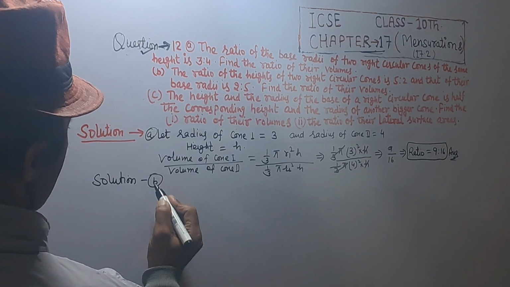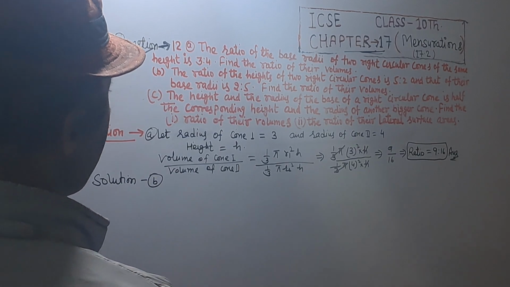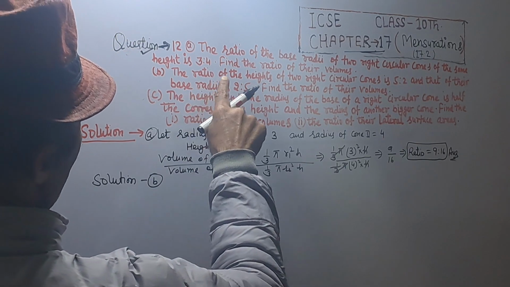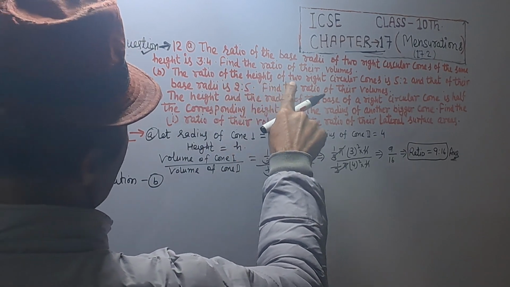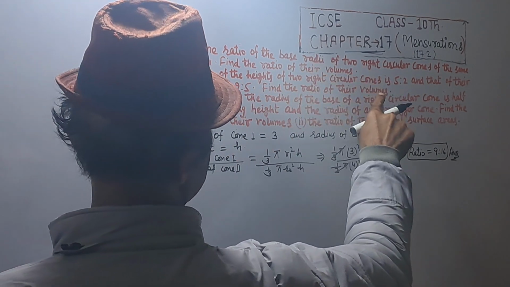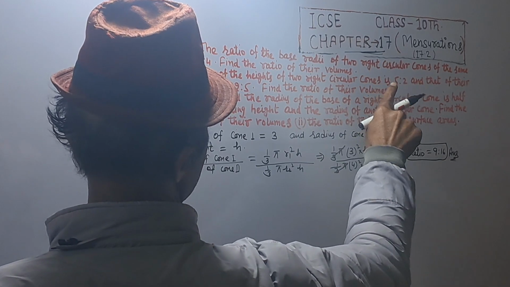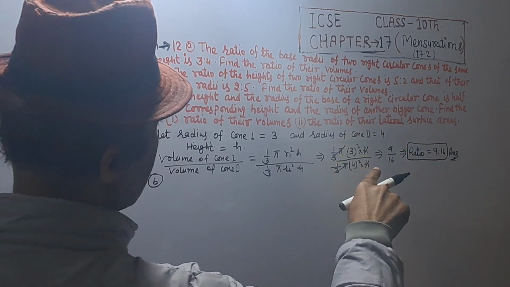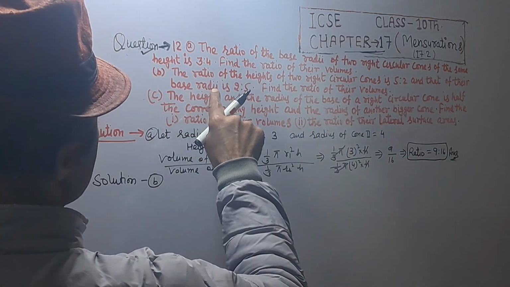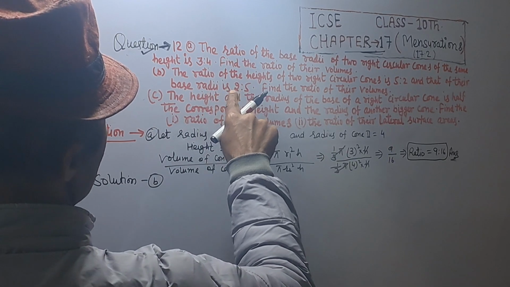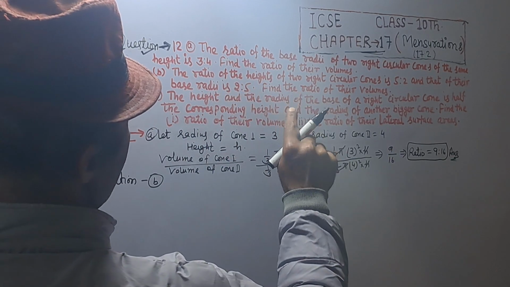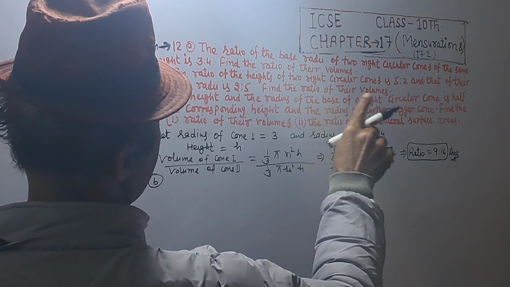Solution, B part. The ratio of the heights of two right circular cones is 5:2 and that of their base radii is 2:5. Find the ratio of their volumes.